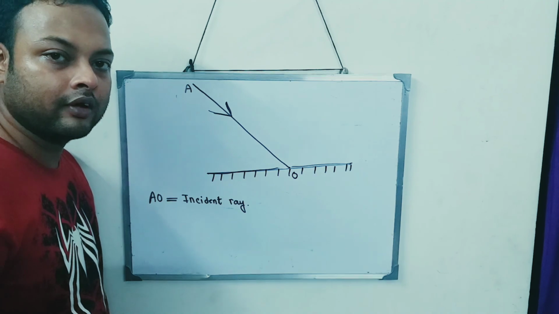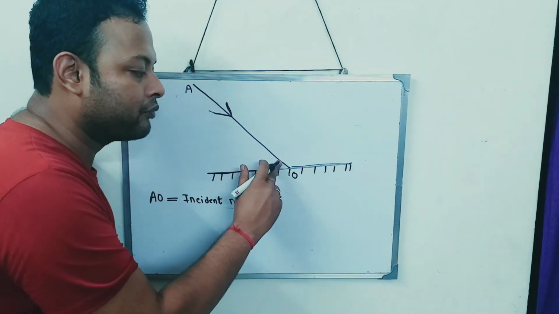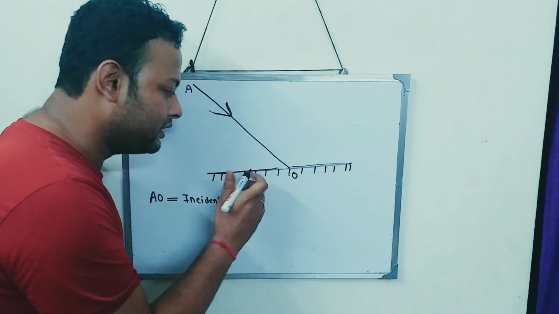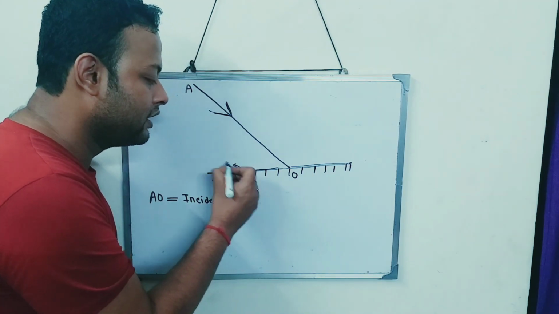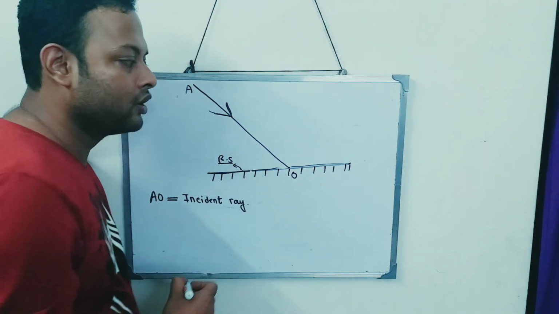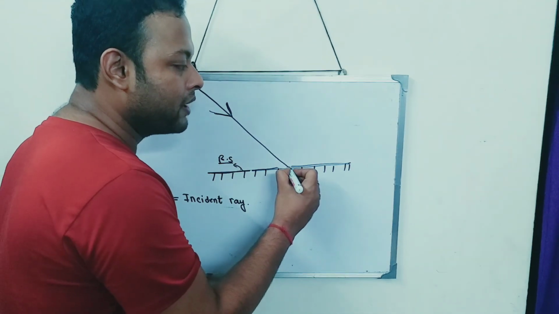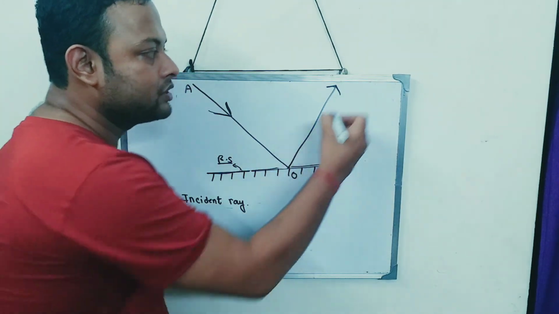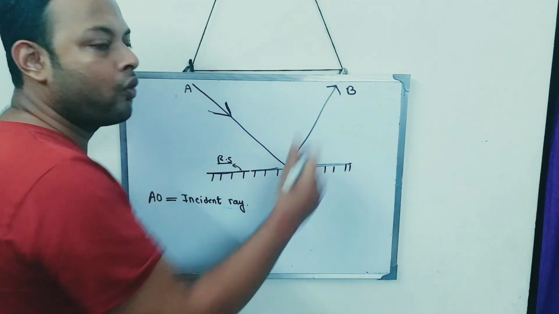Now, as the light approaches the mirror, what will happen? Since this surface is the reflecting surface, RS represents reflecting surface, the ray will bounce back. And suppose this is represented by the letters OB.